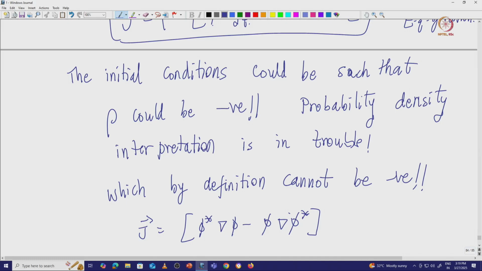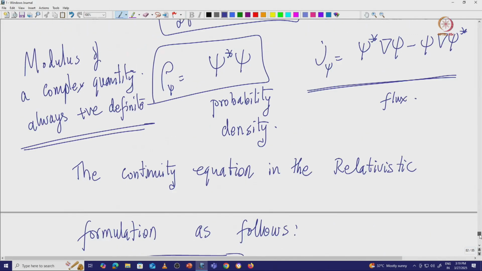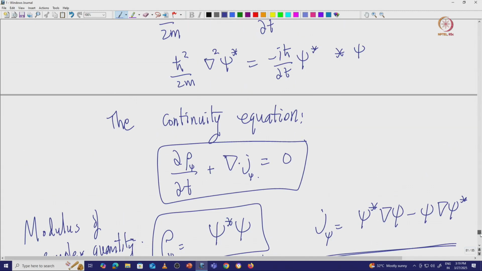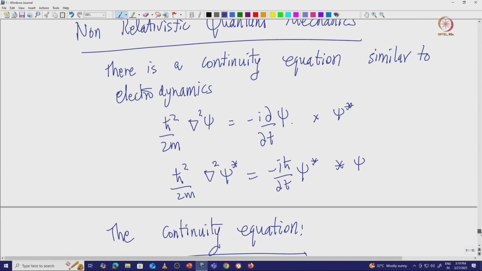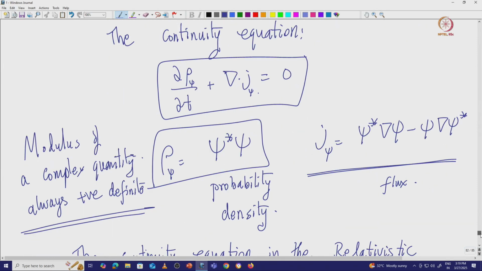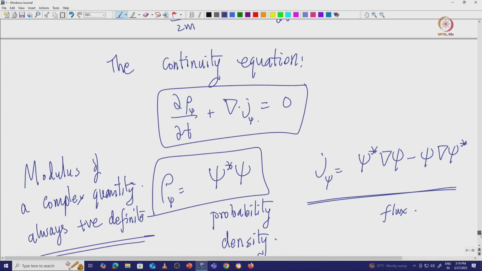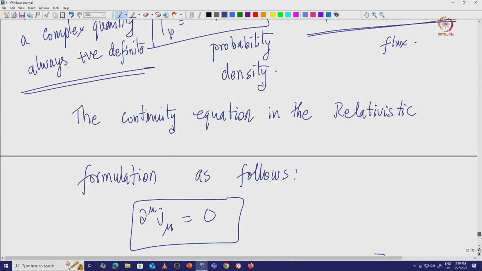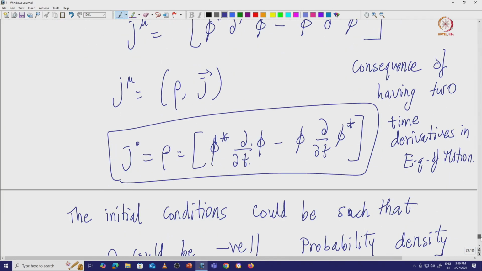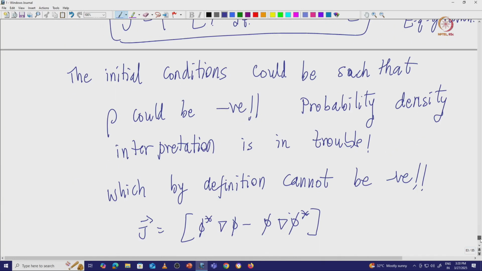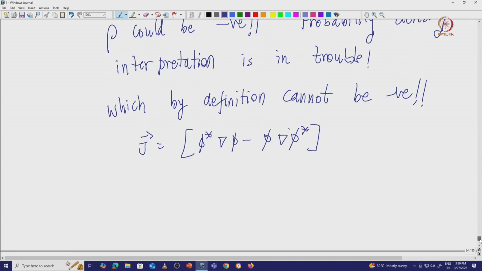So together these equations have a problem. Now is there a way out of this?